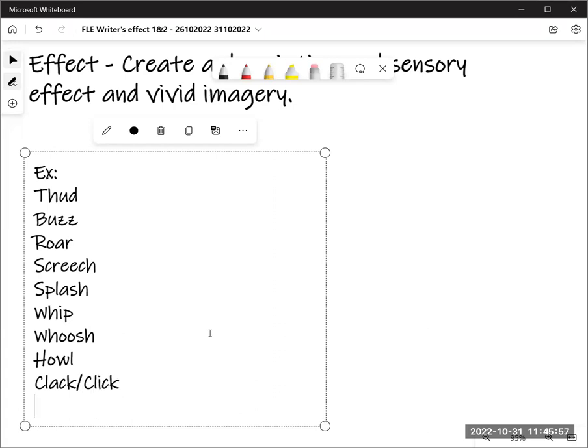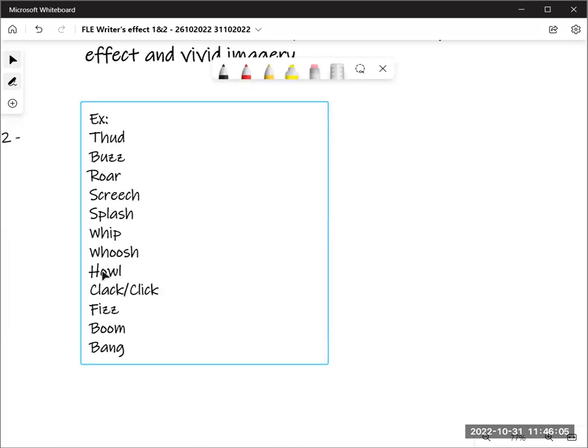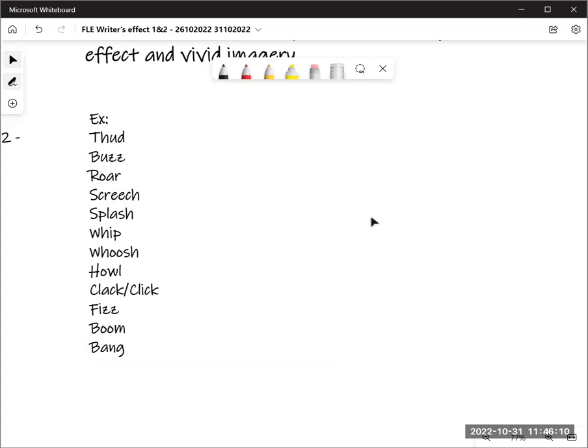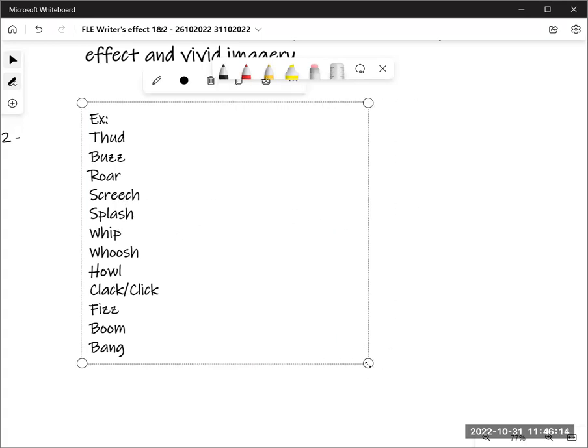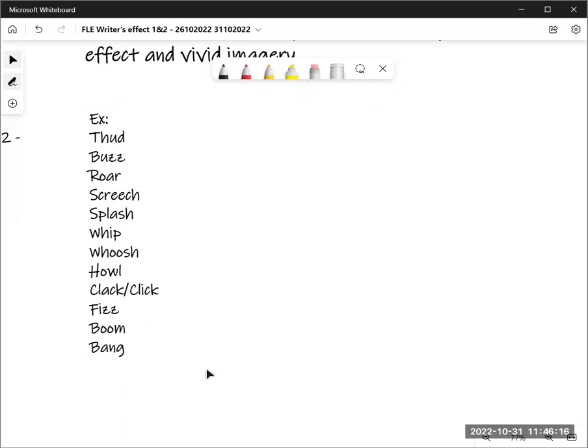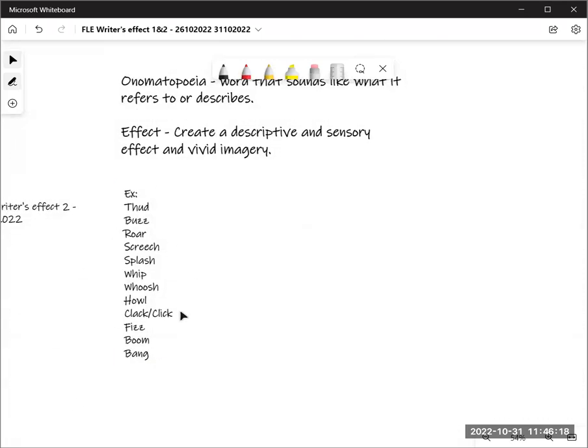You have fizz, you have boom, you have bang. Now these many, how many are there? 6, 9, 12. That is more than enough. Use at least 5 of these in your writing, and you should be ready to use any of these. So please practice it as well.